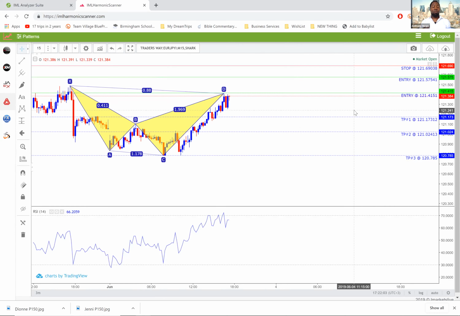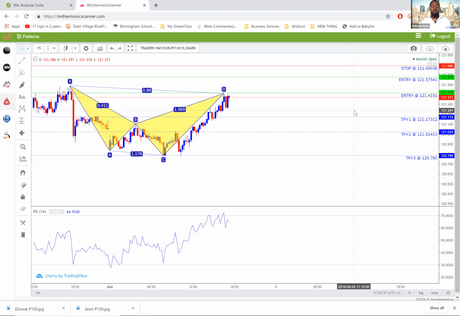I've taught you how to read the Harmonic Scanner, how to identify whether it's a buy or a sell, how to recognize whether the trade is ready to enter. Some call them predictions, some call them ideas, but once you've found a good one, the way to take advantage of it is to go to your MetaTrader 4 app.